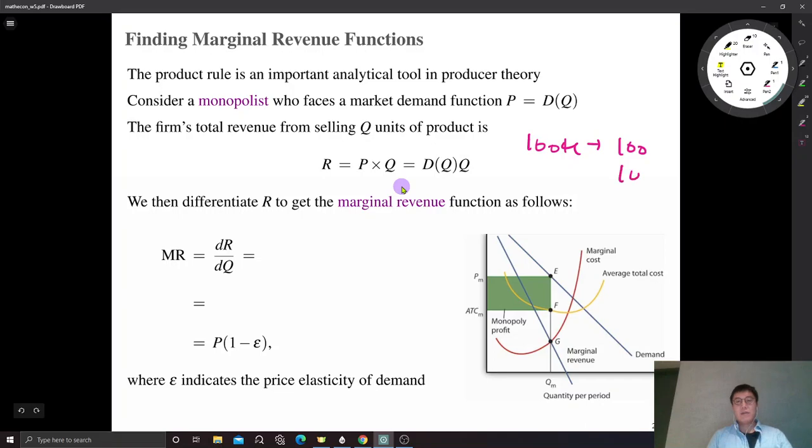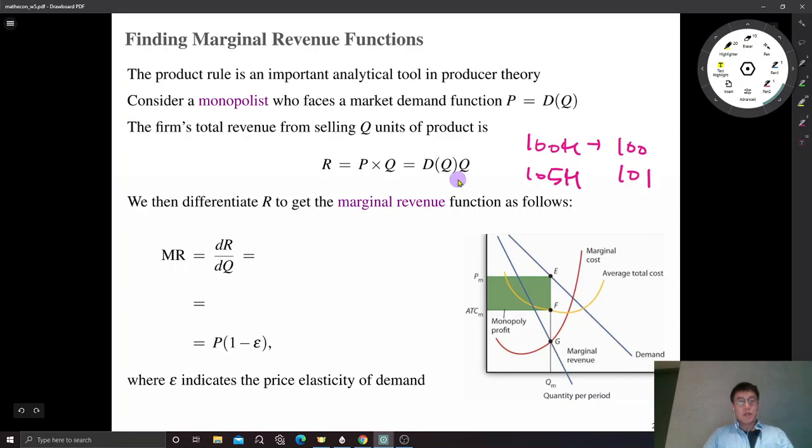Suppose that this monopolist sells one more unit. Then say revenue increases by 5 million. The approximate marginal revenue from selling one more unit amounts to 5 million. Okay, that is the interpretation of marginal revenue.